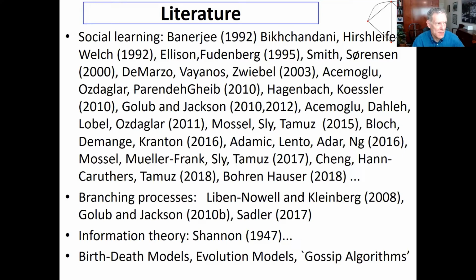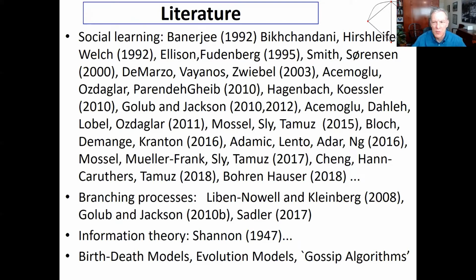And so that's new to this literature, and effectively we'll be looking at in some cases some branching processes. Probably the most closely related parts out of computer science will be information theory. So we'll be talking about signal to noise ratios eventually, and there's some superficial relationship to birth-death models and evolution models.